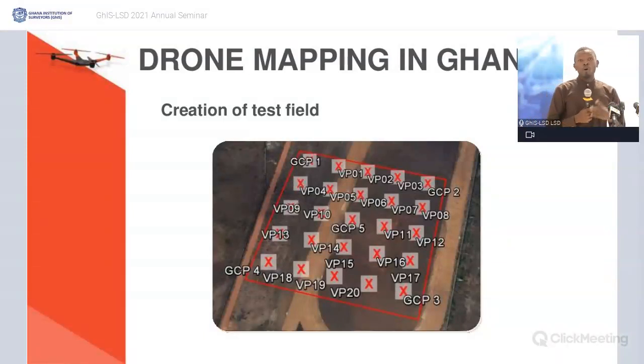We are also aware of the technology, but we try to test it. So we created a test field site. We had some drones, so we created a test field site because we wanted to test the accuracy of this drone and whether it is suitable for mapping and the output could meet our requirements and specifications for mapping.